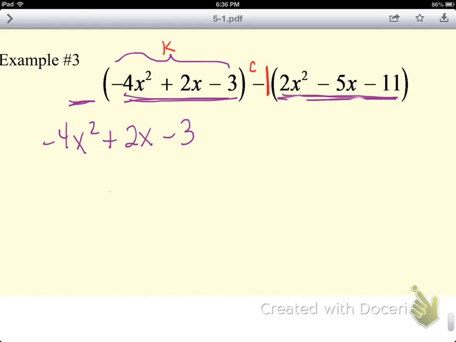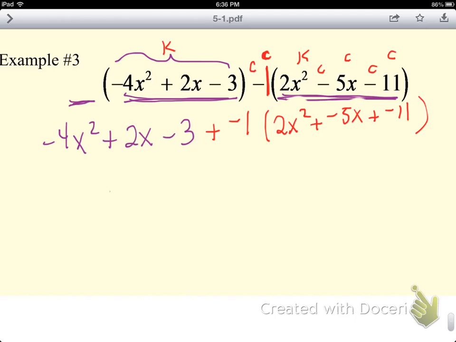The C is changing, and actually the C is going to be on the sign of the 1 there. So what I have is plus negative 1 times the quantity 2x squared, plus negative 5x, plus negative 11.